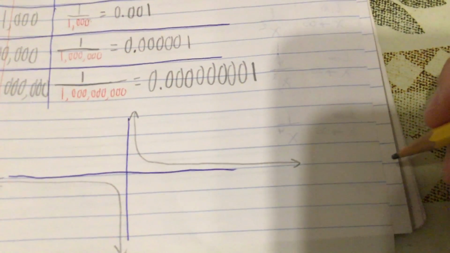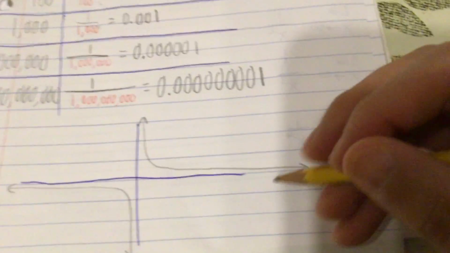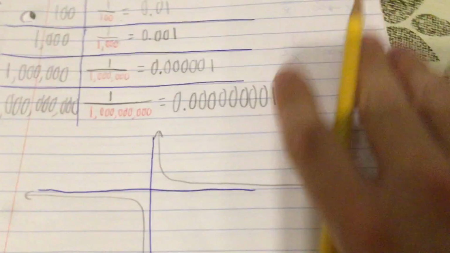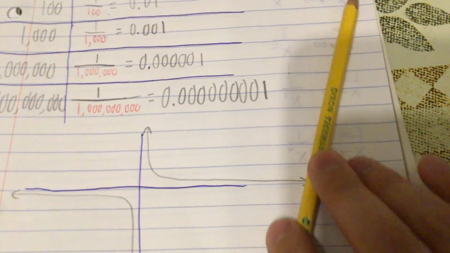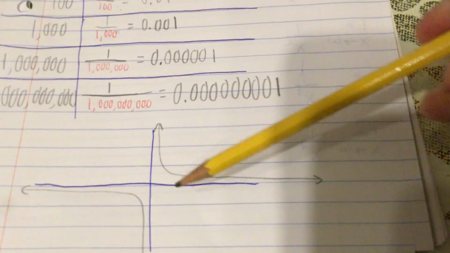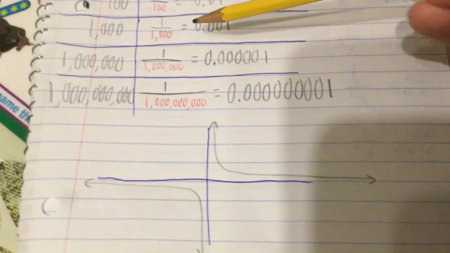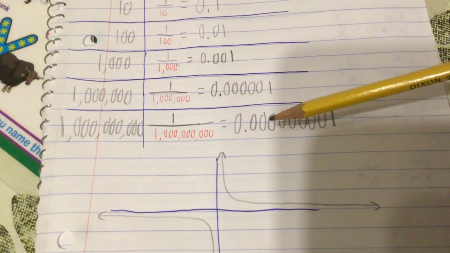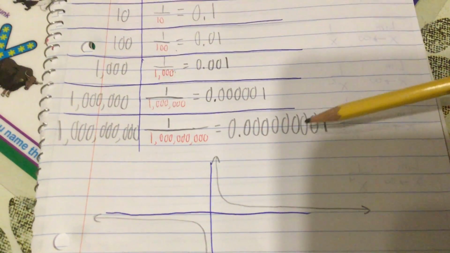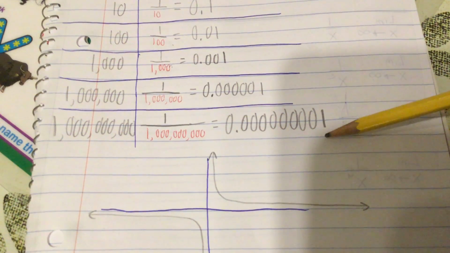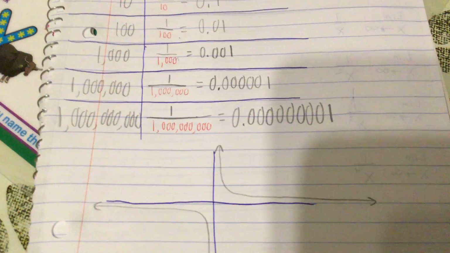Unlike the previous 4 problems, y does not just jump off the paper upward. It doesn't go to positive infinity. In fact, you'll notice that as x gets bigger and bigger, y gets closer and closer to 0.